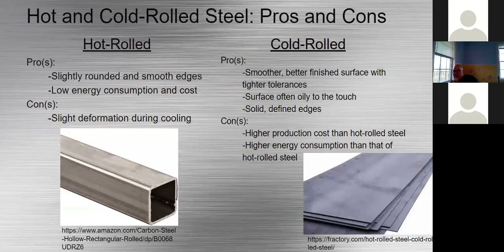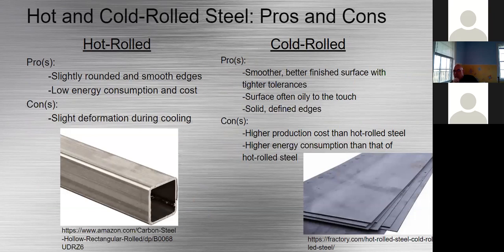Some of the pros for hot rolled steel are that it's slightly rounded and has smooth edges, there's very low energy consumption, and there's low cost. Some cons against it are slight deformation during cooling sometimes.